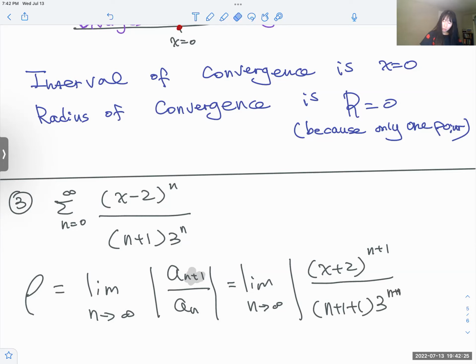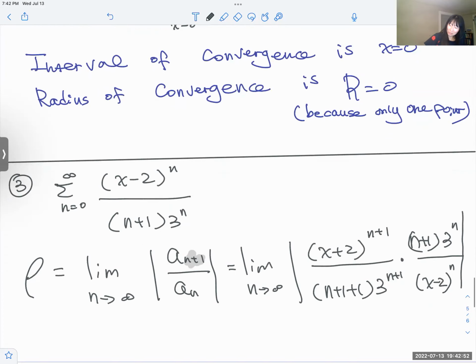Okay, now the reciprocal of the second fraction, which is n plus 1 times 3 to the n over x minus 2 to the n power, okay? All right.